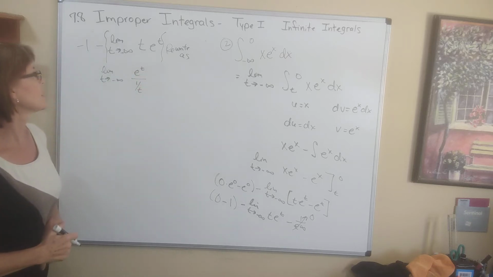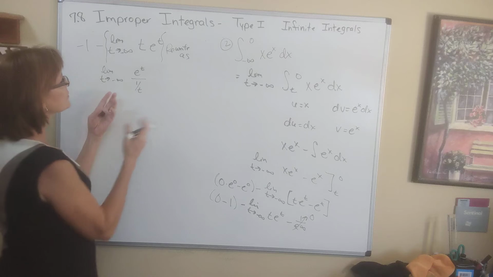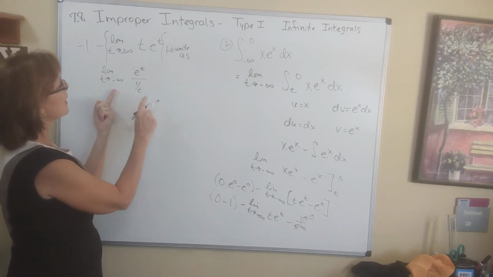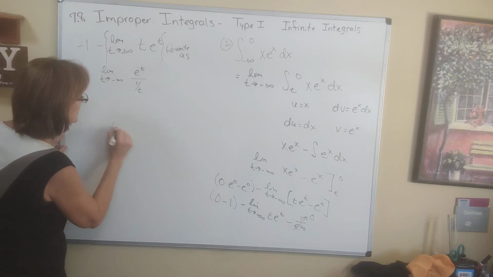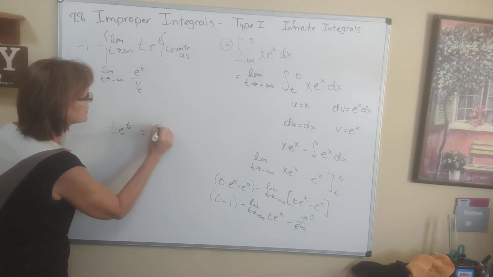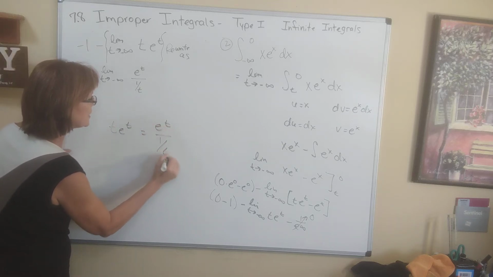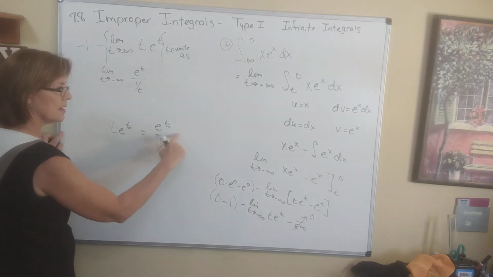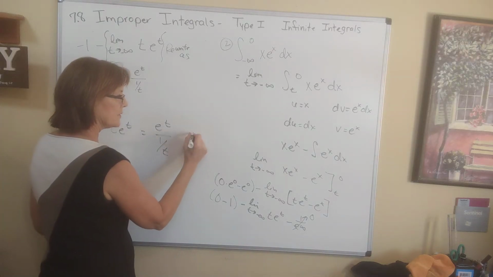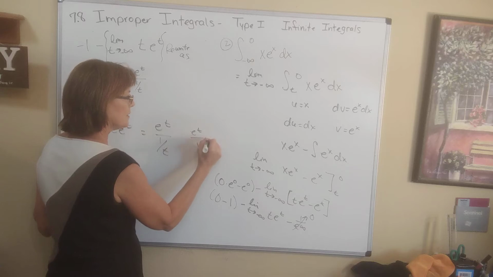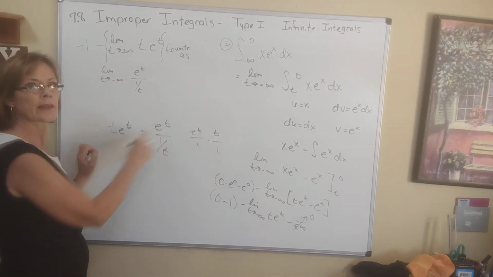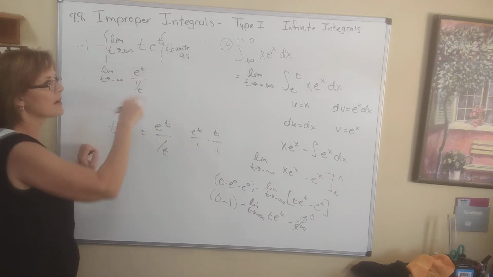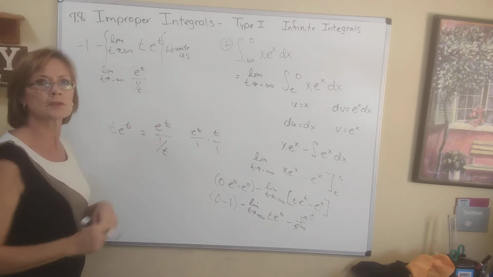Let's see what this gives us. This is the same thing as before, just in case that bothers you. t e to the t is equivalent to e to the t over 1 over t, because this is basically a keep, change, flip. e to the t over 1 times t over 1 will give me this back. You can check that out for yourself. This is a way we can rewrite it to get it in a form that we can use L'Hopital's rule for.